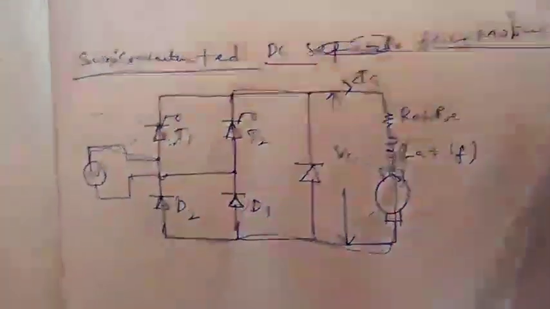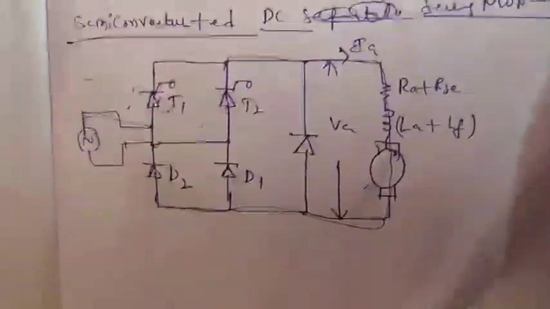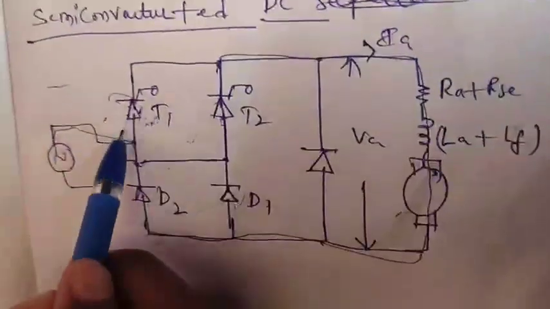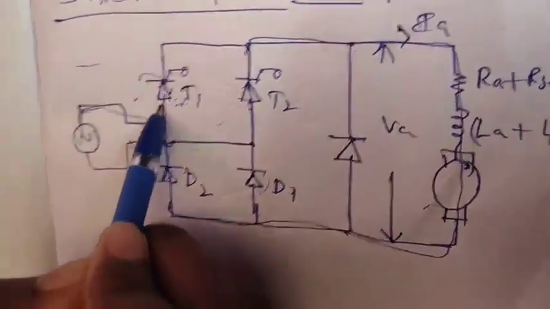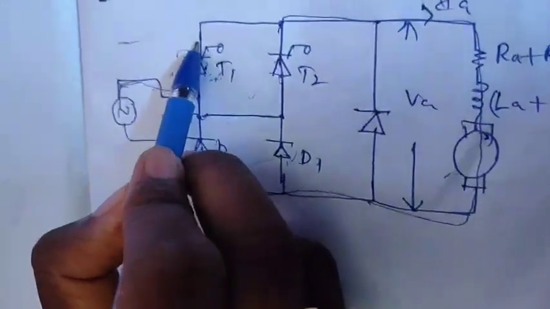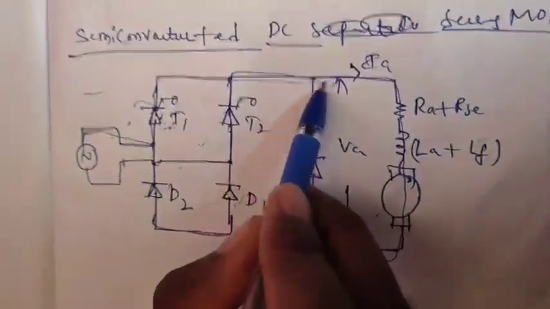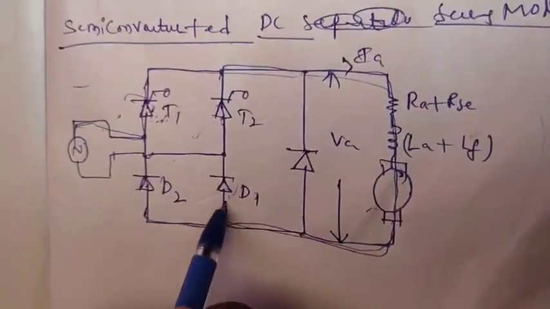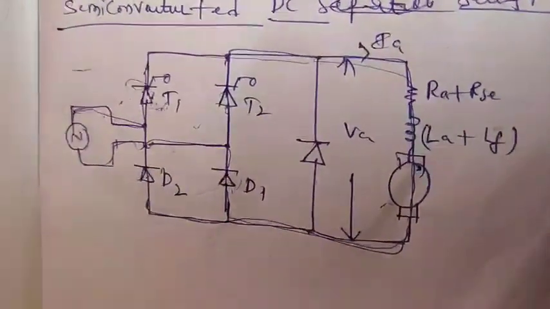Similarly for T1, the current flows through the motor, D1 and the negative of the supply.